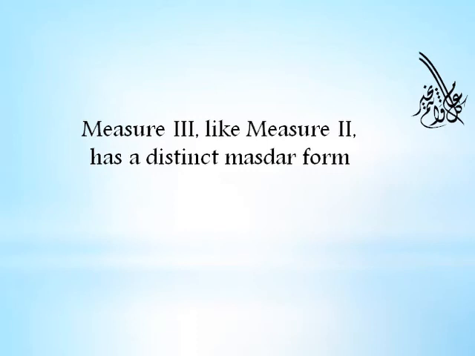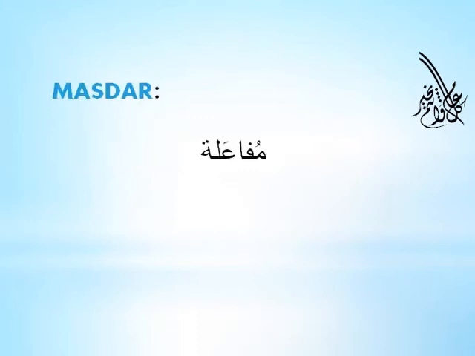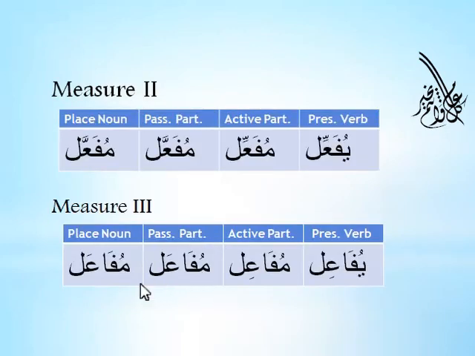But let us look at this. So the measure 3 Masdar form looks like this. Now, this part looks very similar to what you've seen before. In fact, the beginning of it, the mufa'al, is exactly the same as the passive participle that we had earlier.